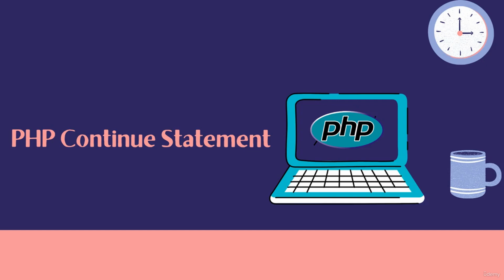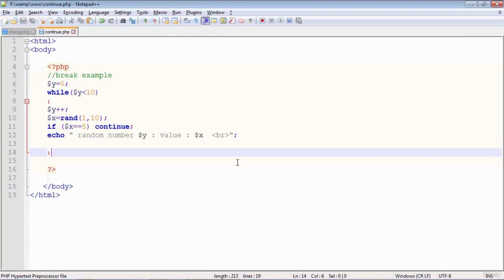So in this example, the continue statement is used inside a while loop. So what does the continue statement do? In fact, continue is somewhat opposite to what break does. We have seen that with break inside the while loop, if break is encountered, the loop will be terminated and it will abandon the remaining iterations of the loop.